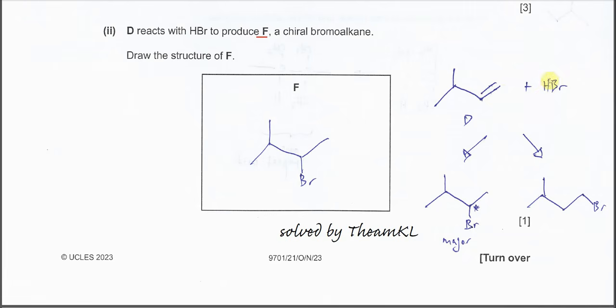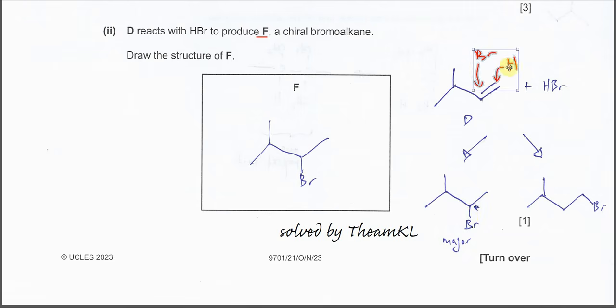Let's say the H is bonded to this carbon and the bromine is bonded to this carbon, so we get this compound. This carbon has 1, 2, 3 groups, and another H is the last group. So it has 4 different groups, so this carbon is a chiral carbon. It's confirmed that this is the answer, this is F.